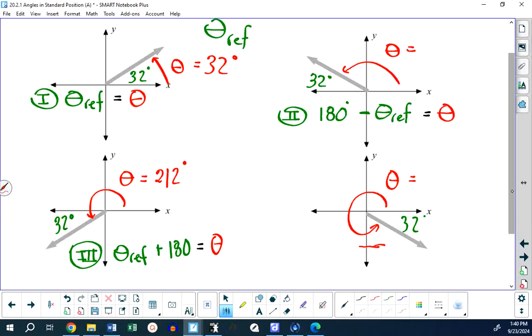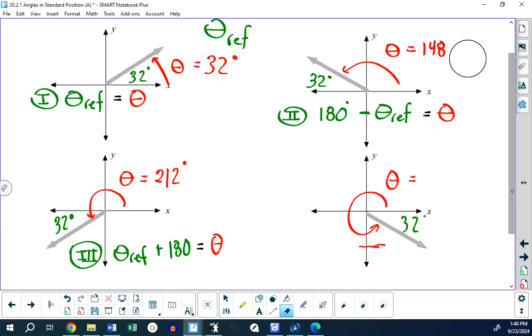I could have written that the rotation minus the reference gives you one, or the rotation taken away from 180 gives you the reference. There's different ways you can write it. Anyway, if we take 180 and subtract 32, we get 148 degrees.